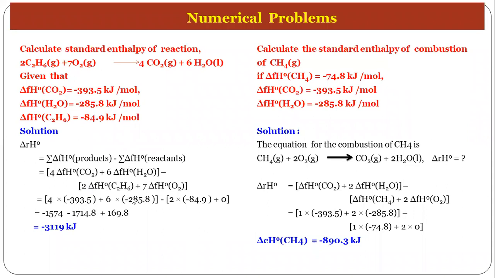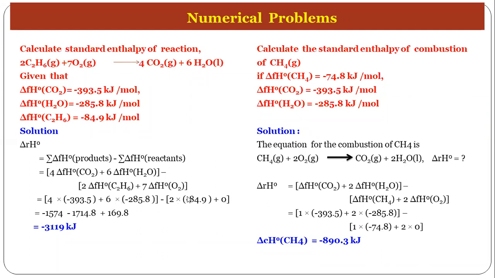So this value is substituted here, minus 2 into C2H6. C2H6 value is given, 84.9 kilojoule, and the enthalpy change of formation of oxygen is considered as zero. See, it is taken as zero.